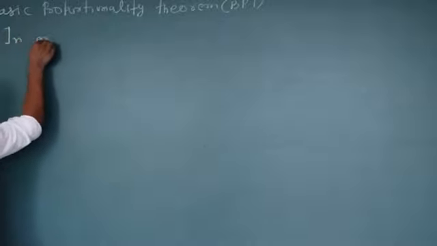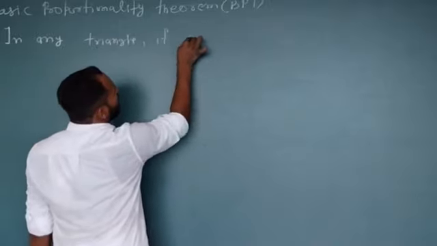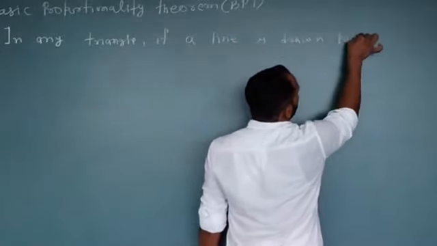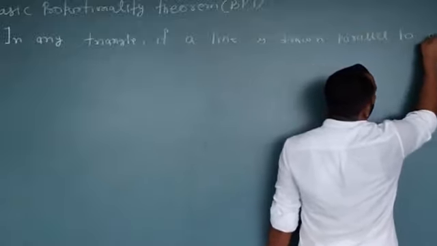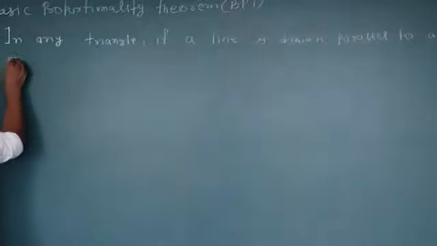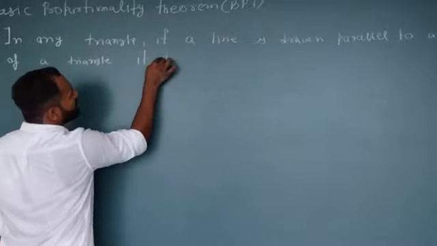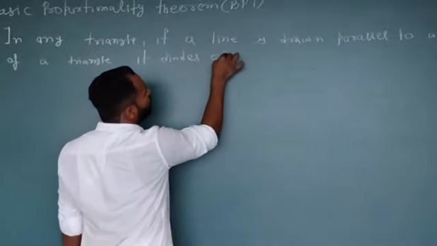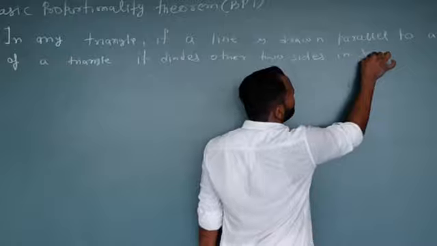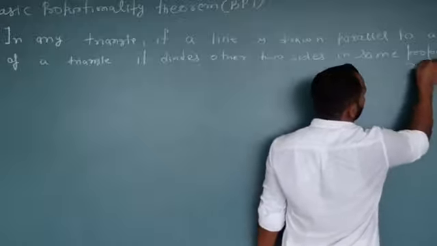In any triangle, if a line is drawn parallel to any side of a triangle, it divides the other two sides in the same proportion or ratio.